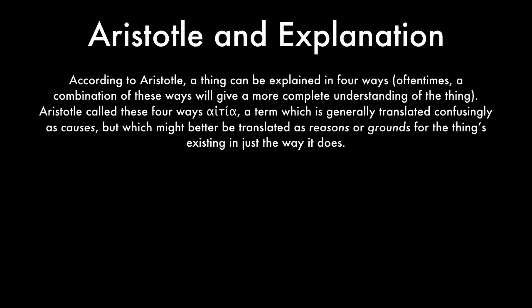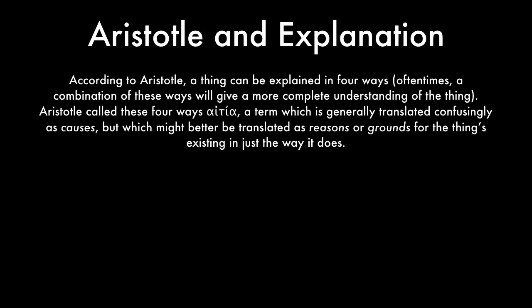According to Aristotle, a thing can be explained in 4 ways, and oftentimes a combination of these ways will give a more complete understanding of the thing. So these aren't 4 competing ways, but 4 complementary ways. Aristotle called these 4 ways aitia, a term which is generally translated confusingly as causes, but which might better be translated as reasons or grounds for the thing's existing in just the way it does.